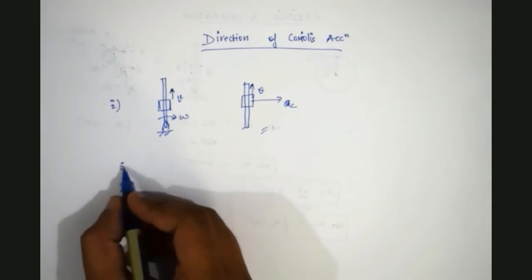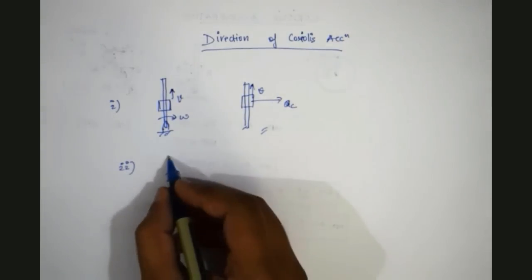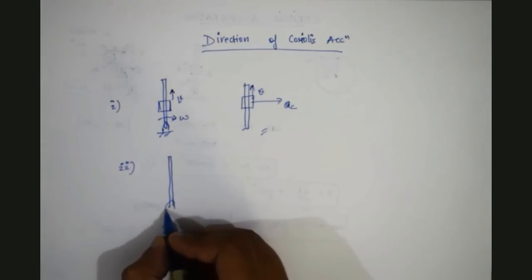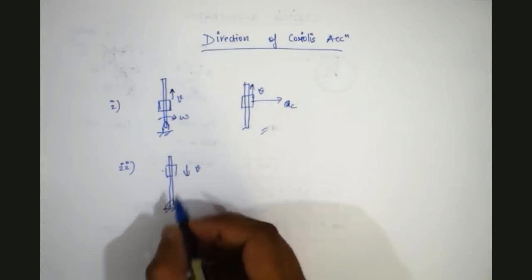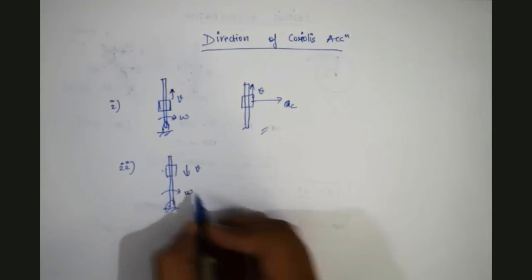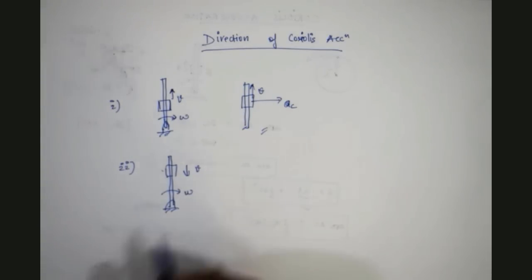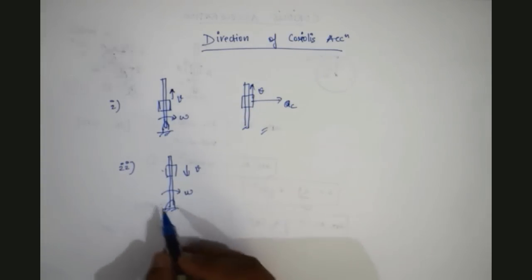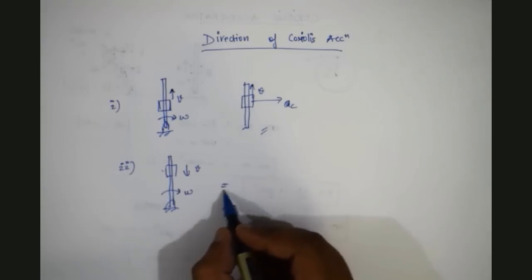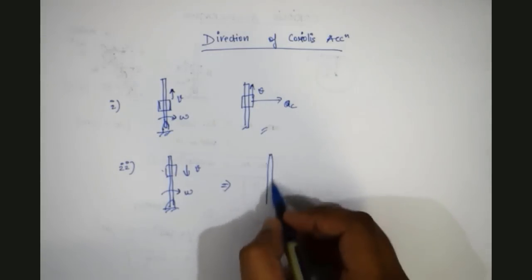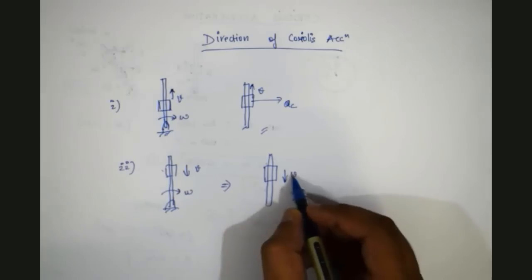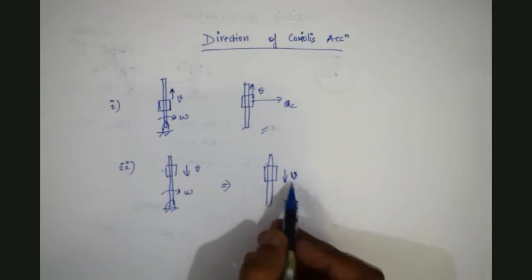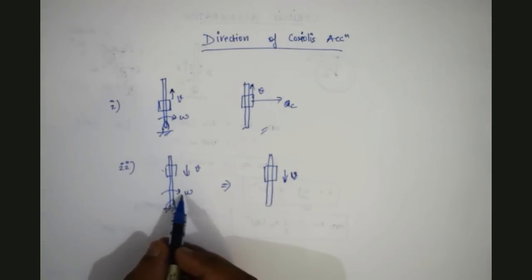Second case, suppose this slider is moving with velocity v downward and omega is in this direction. So we will take the acceleration in the direction of omega. This is the slider moving with velocity v. Now acceleration is perpendicular to velocity v and we will take it in the direction of omega.